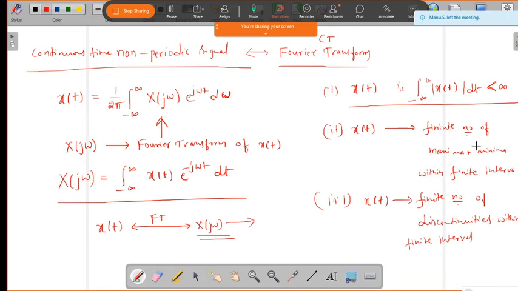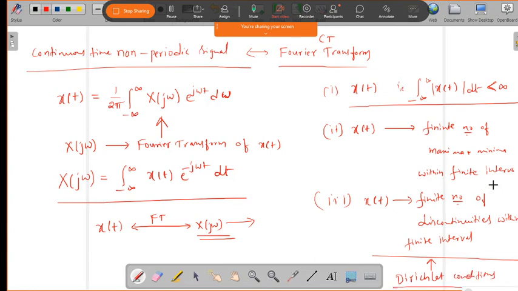These are the conditions which should be satisfied by the time domain signal x of t for its Fourier transform to exist. These conditions are called the Dirichlet conditions. This is about the conditions for the existence of the Fourier transform of a non-periodic continuous time signal.